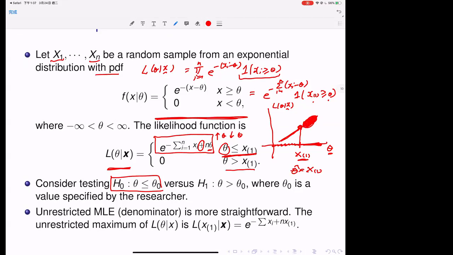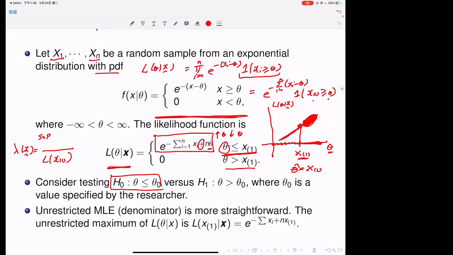So that means your denominator is nothing but x1. Then looking at your numerator, I said supremum over theta in the null space. Your null space is composite.